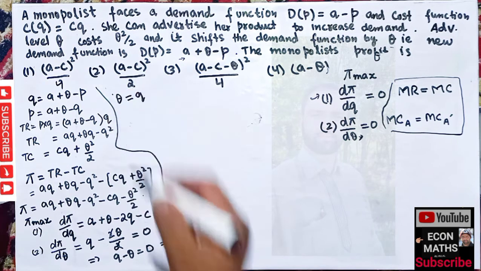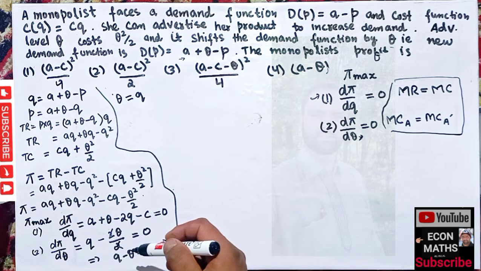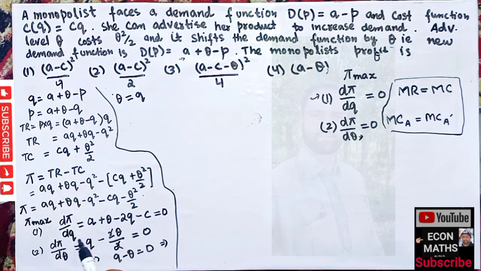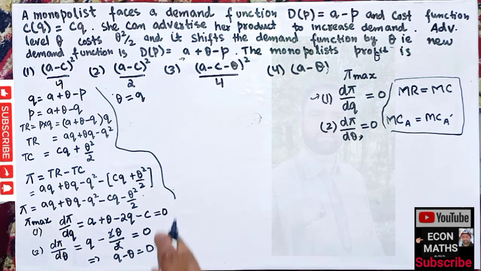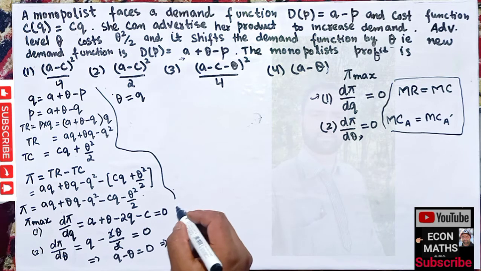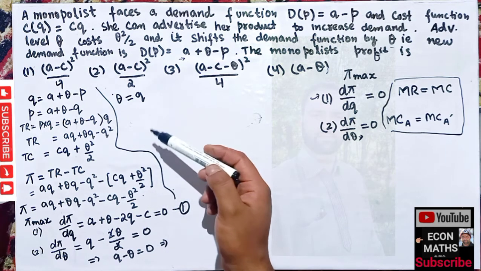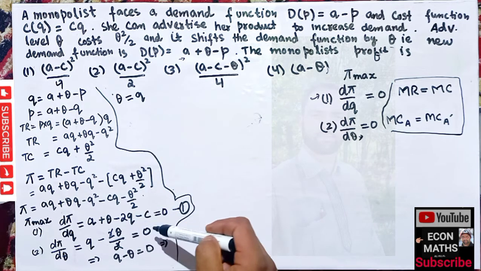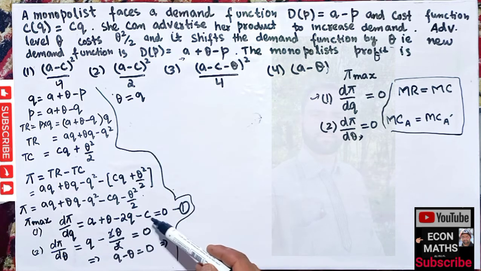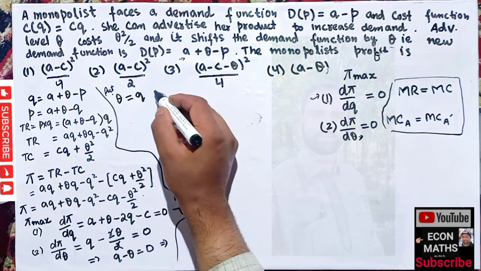Okay, now what will we do? We will put the value of theta in this equation. Let this be equation first. We put the value of theta equal to q in this equation, so I will write here, put in first.